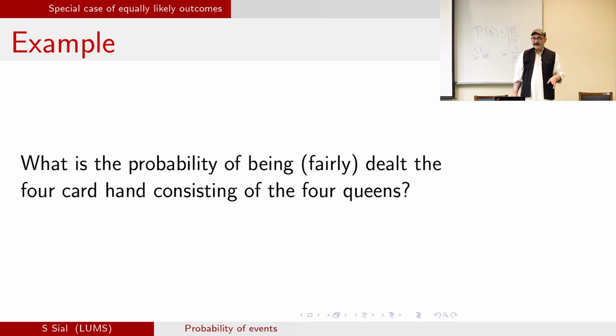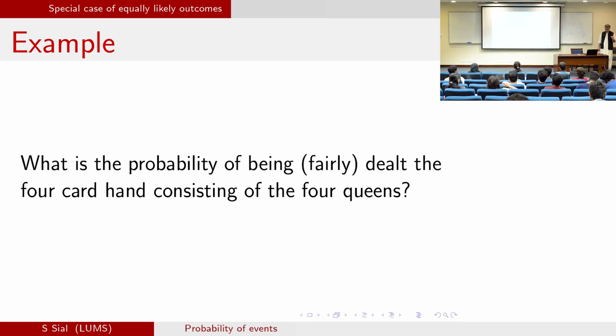What is the probability of being fairly dealt the 4-card hand which consists exactly of the 4 queens? Same thing. It's one particular hand out of 52 choose 4 hands. All hands are equally likely.